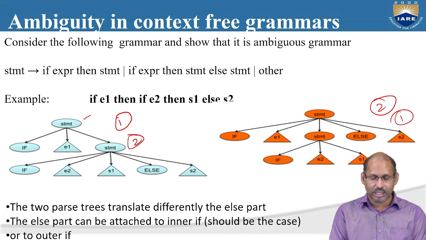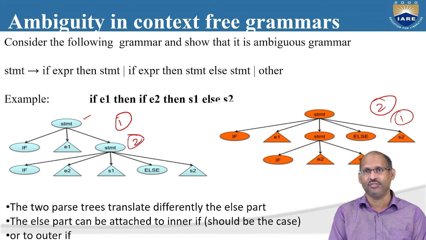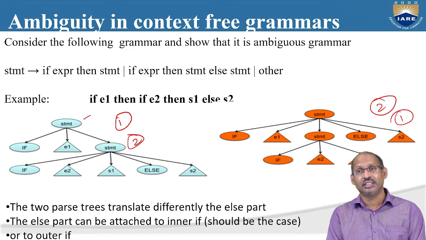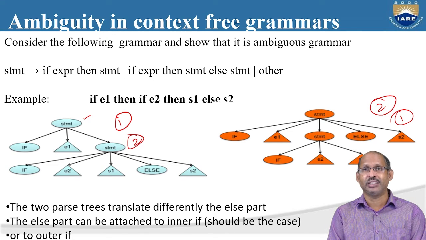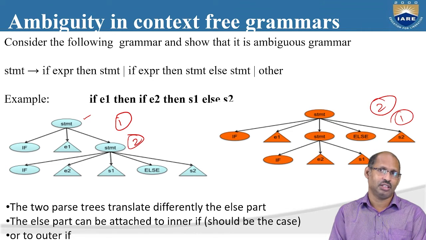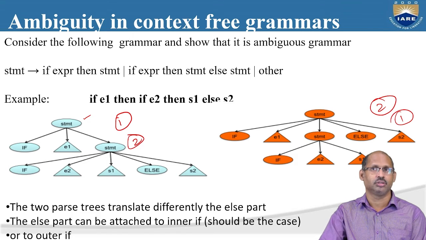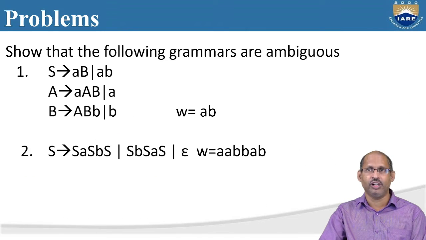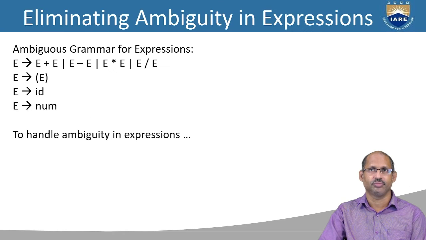The else part can be attached to the inner if, which should be the case, or to the outer if. So that is the problem in these if else statements. Right? We'll discuss how to remove that ambiguity.